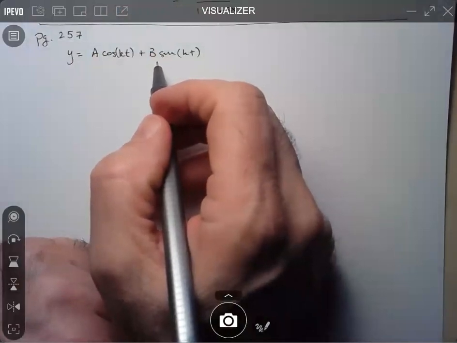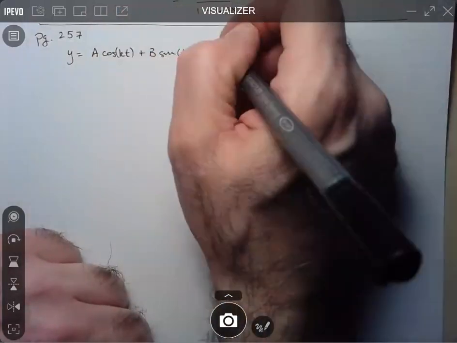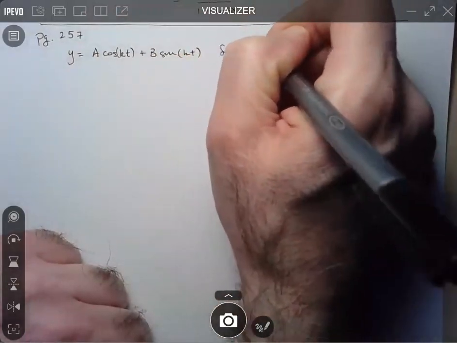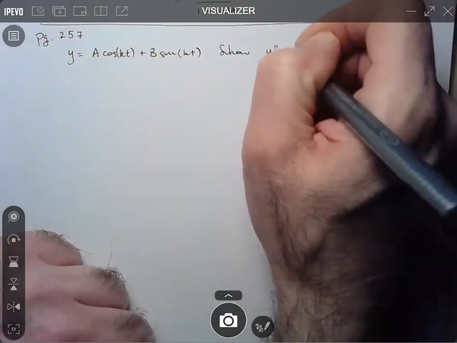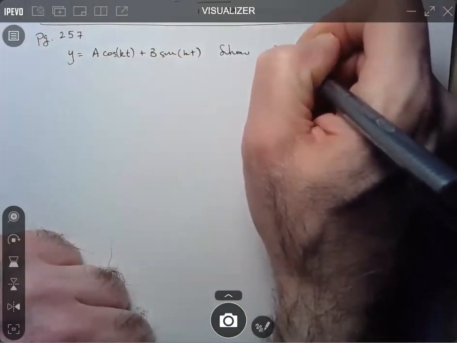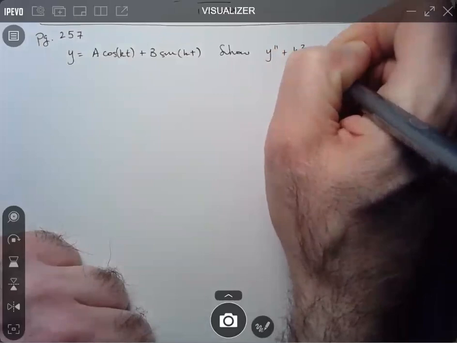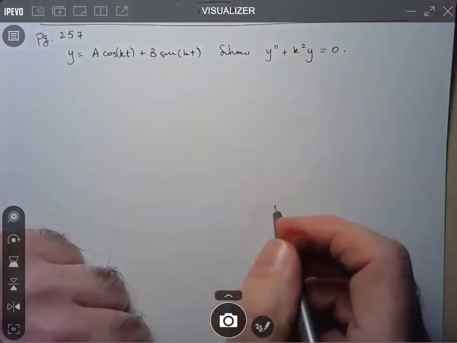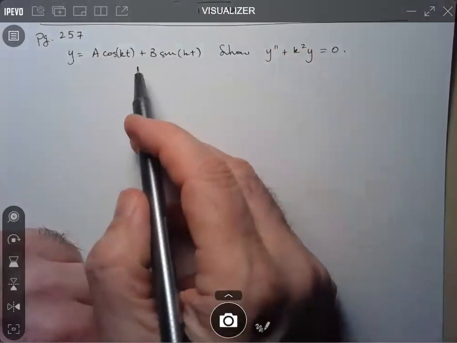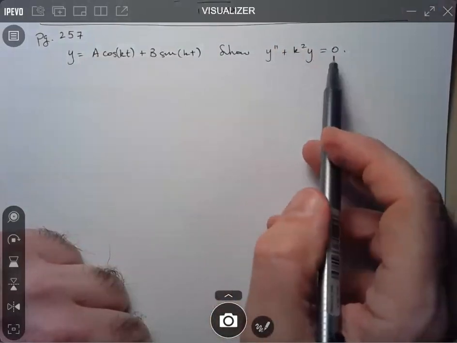Then they want us to show that this expression on the left, the second derivative of y plus k squared times the function itself, is equal to 0. So here's our function. This is what we're trying to show is true.